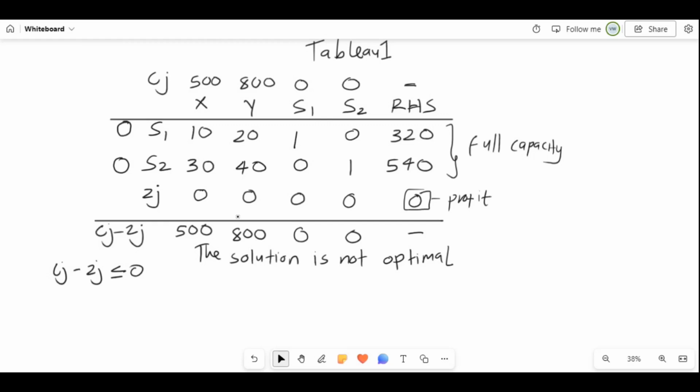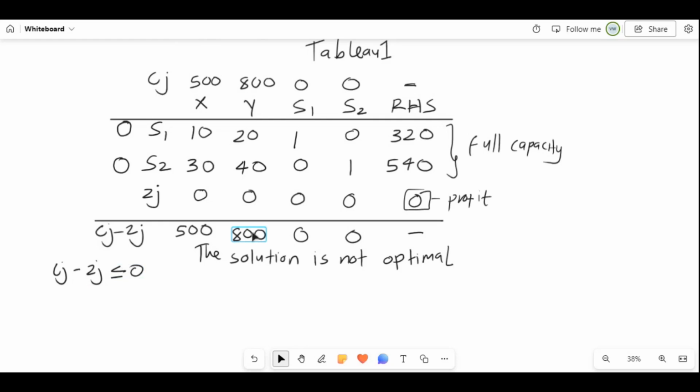If you're looking for a pivot column, we look at the Cj minus Zj values, and we can always pick the highest value to identify our pivot column. If I look at the Cj minus Zj, the highest value is 800. I want to reduce this 800 so that I am in a position to meet the objective of Cj minus Zj being less than or equal to 0.